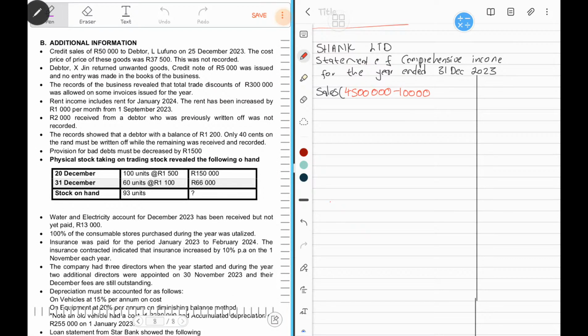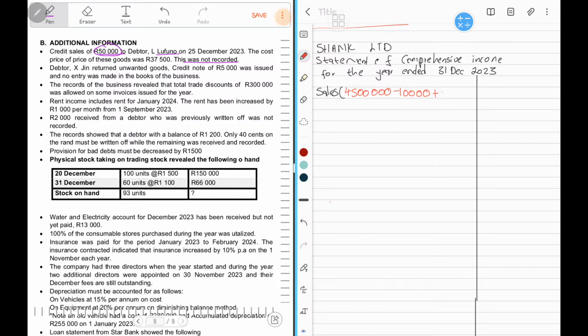Remember, we are being told that credit sales of 50,000 were made to debtor L Lufuno, and this was not recorded. Remember what I said, that if a credit sale has occurred or an invoice was issued, and this was not recorded, then it means sales will increase, cost of sales will increase, trading stock will decrease, debtors control will increase. So here we're going to say plus what? We're going to say sales will increase by the 50,000.